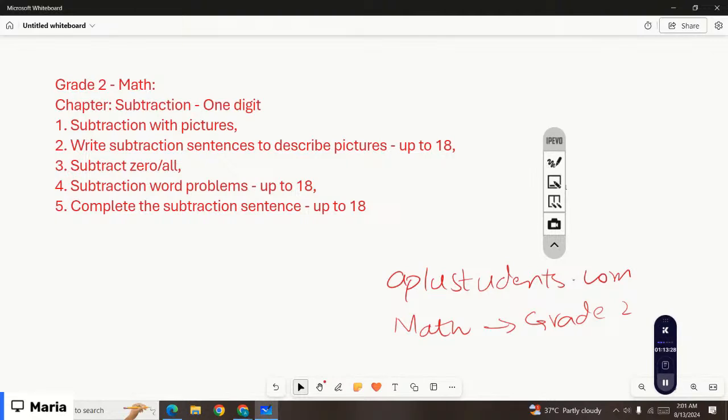We're going to start with the chapter subtraction one digit. Keep your notebook and pencil ready so that you can note down the important examples and definitions as well.